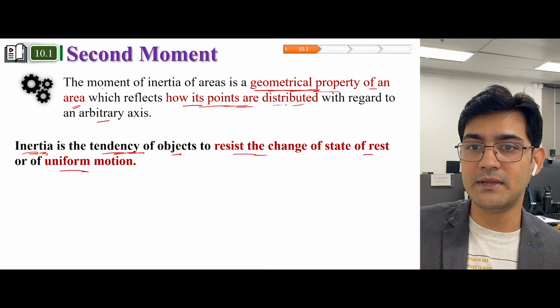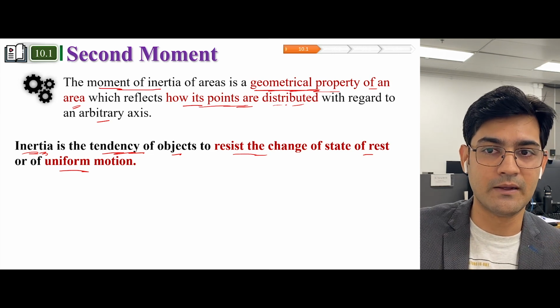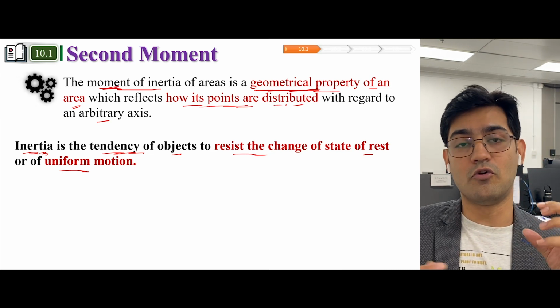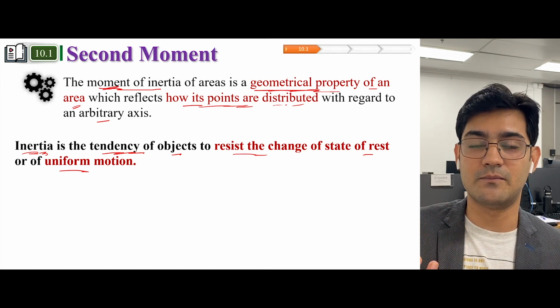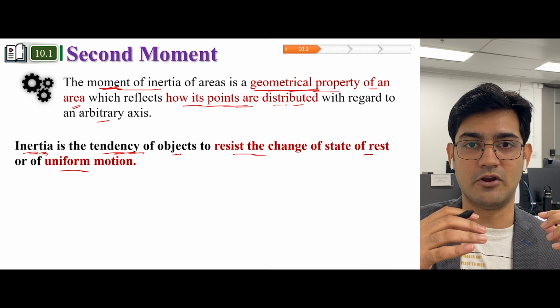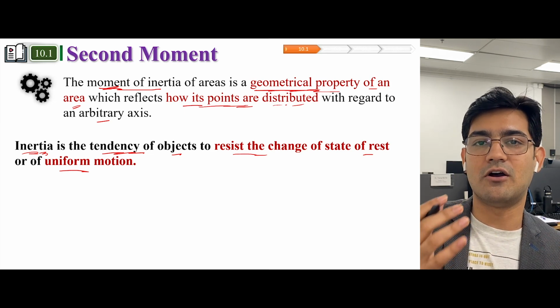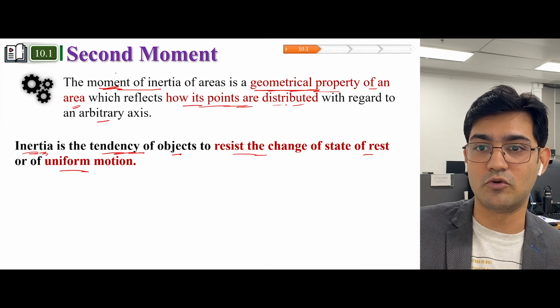Now, what would be a moment of inertia? We have already discussed moment in the previous chapters. So moment of inertia is a quality of a body that resists the moment. When you are applying a moment on a body, that body would resist the moment. So any object that is resisting the moment is resisting because of this moment of inertia.